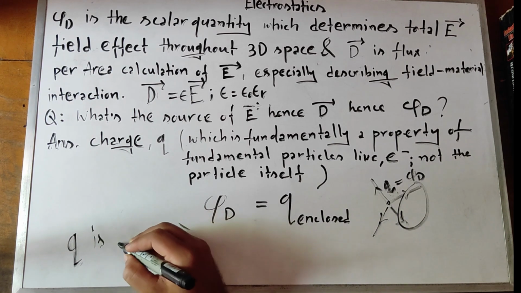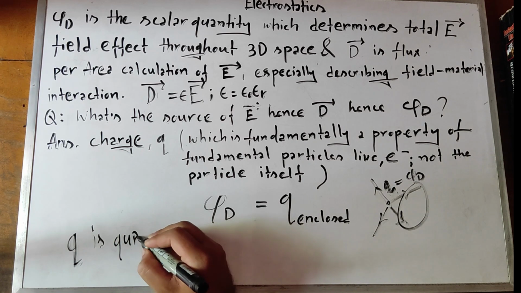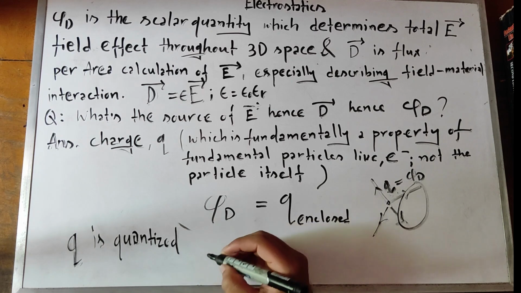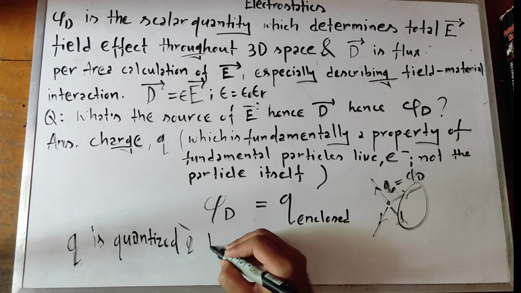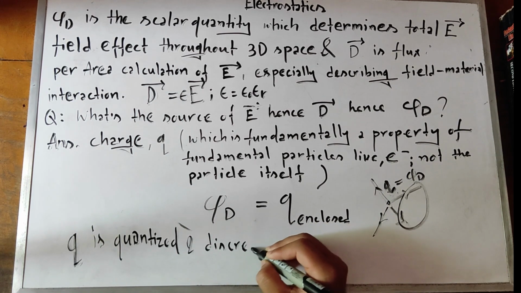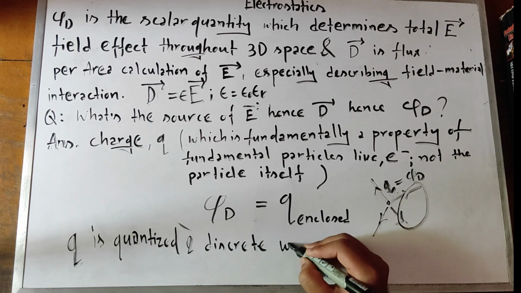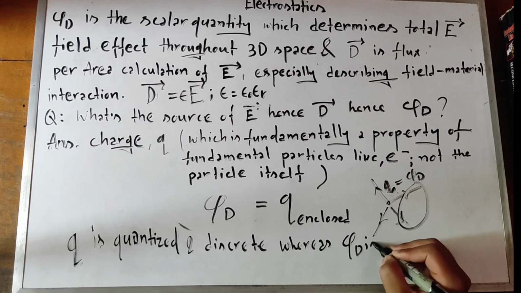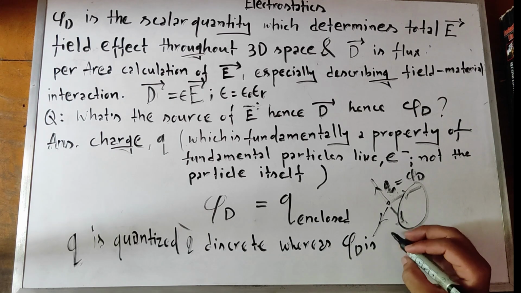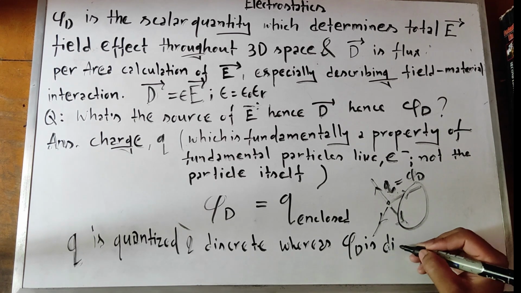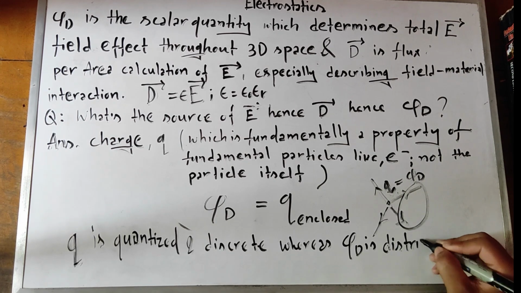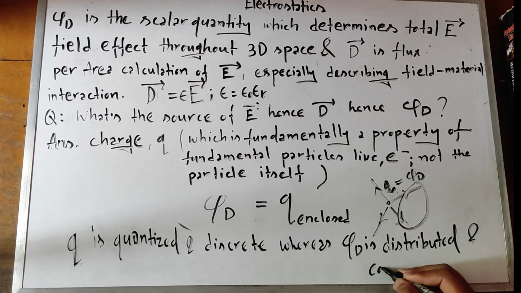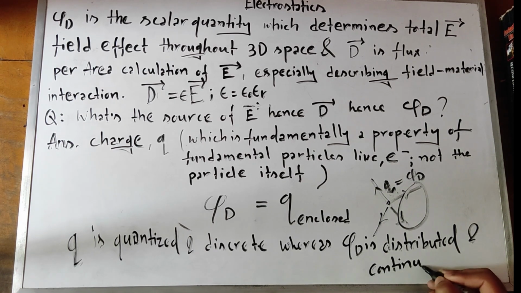So charge is quantized and discrete, whereas phi d is distributed and continuous.